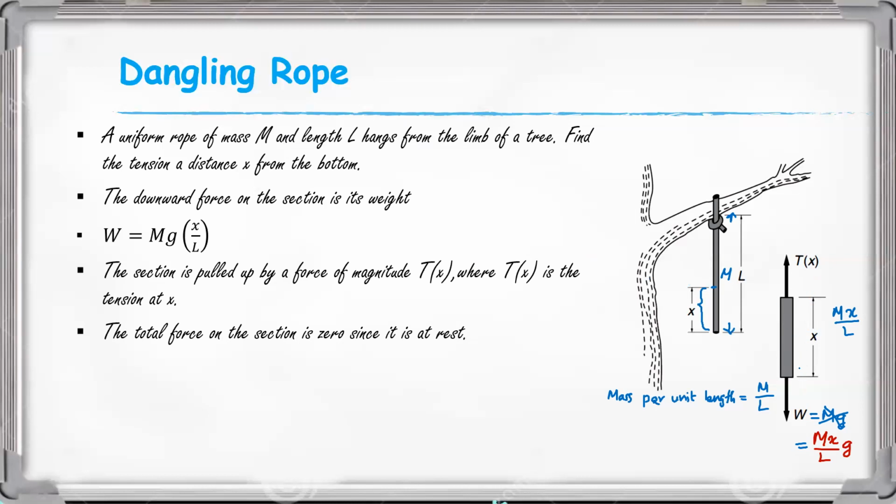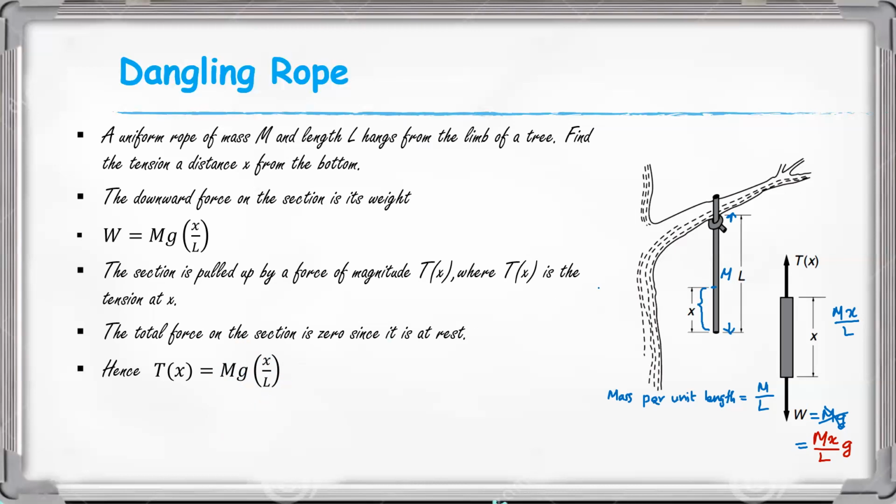It is not accelerating. So the total force on this section must be equal to 0. Then we can say that W must be equal to the tension, or we write T of x is equal to mg x divided by L.